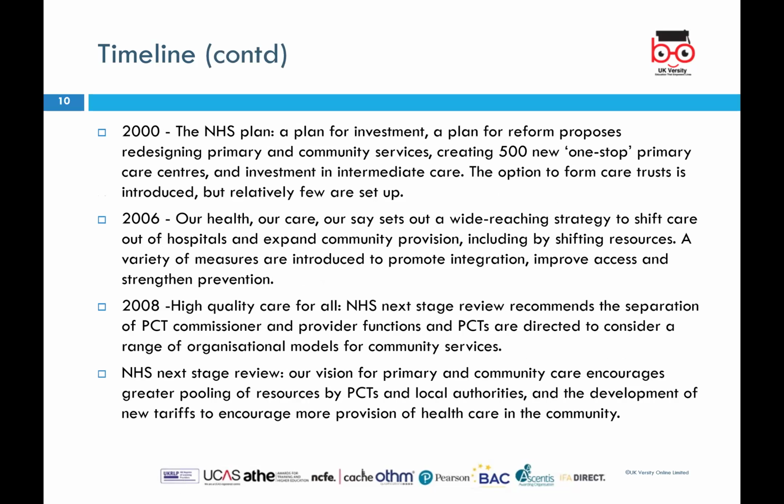The option to form care trusts was introduced, but relatively few were set up. In 2006, Our Health, Our Care, Our Say set out a wide-reaching strategy. This was to shift care out of hospitals and to expand community provision, including by shifting resources. A variety of measures were introduced to promote integration, improve access, and strengthen prevention.